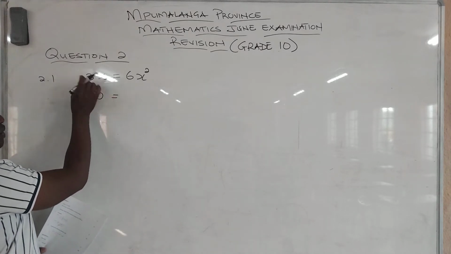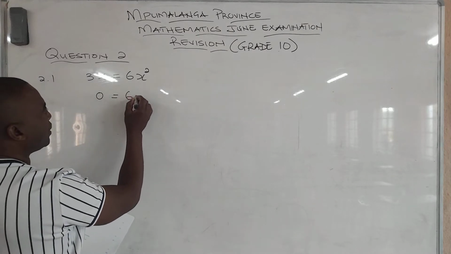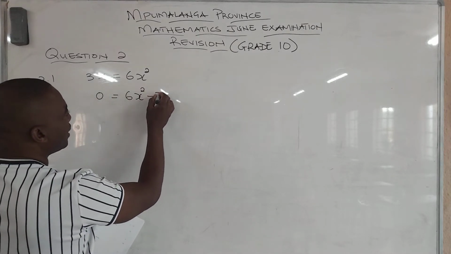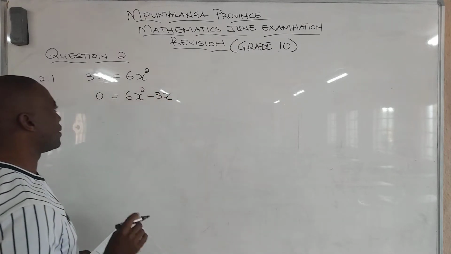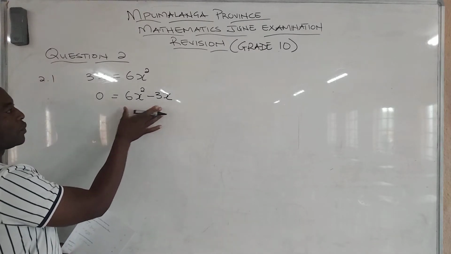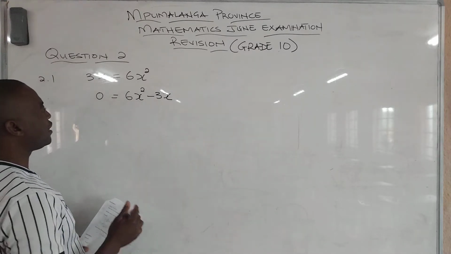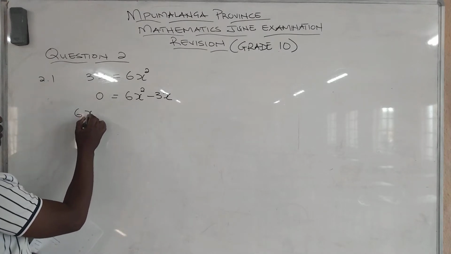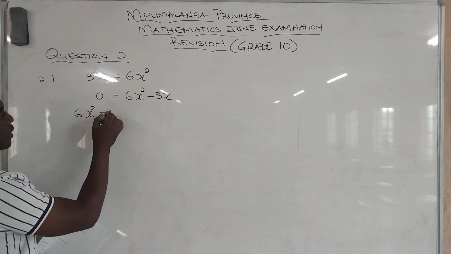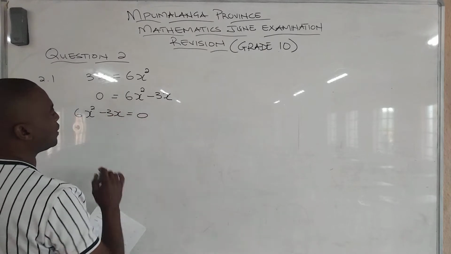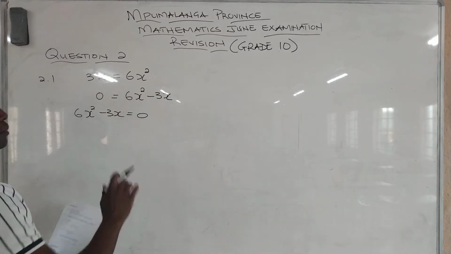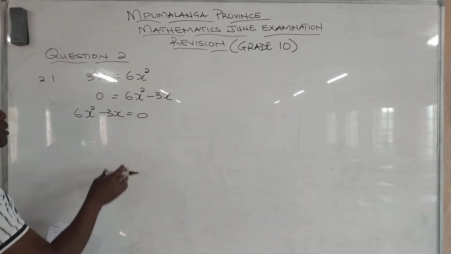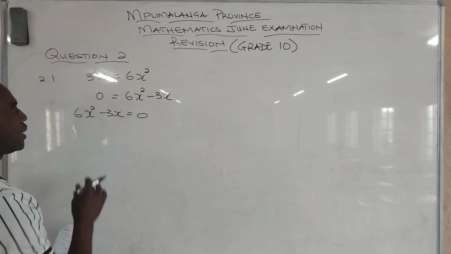If we transpose the 3x, which will be 6x squared minus 3x. It would not be any different even if you start with what is on the right hand side, that is 6x squared minus 3x is equal to 0. So this is what we call the standard form, and there will be a mark awarded for the standard form.